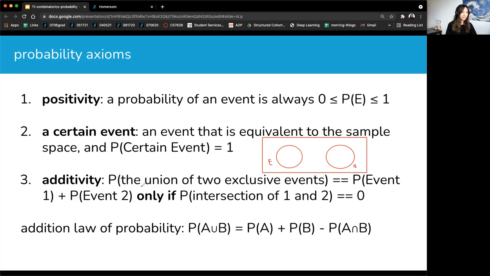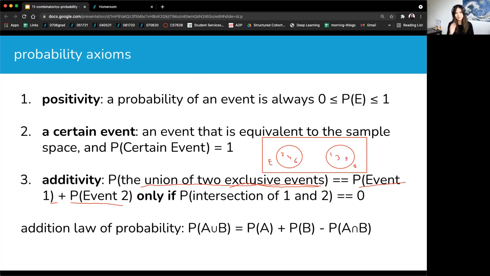The probability of the union of 2 exclusive events, and exclusive is the main thing here, is equal to the probability of event 1 plus the probability of event 2. Let's say there's nothing outside the circles. Here we have 2, 4, 6, and here we have 1, 3, 5.